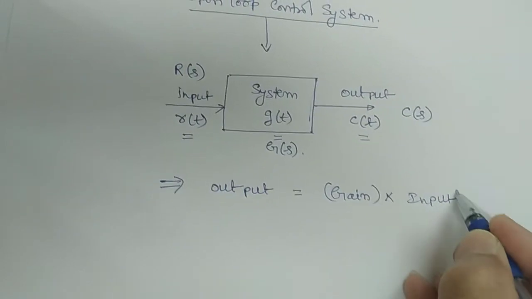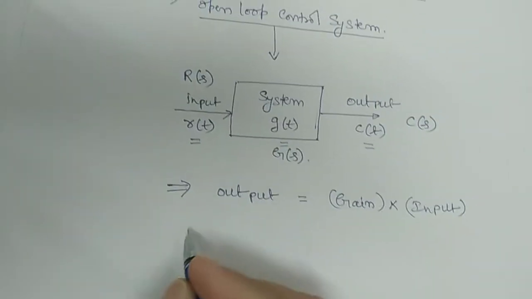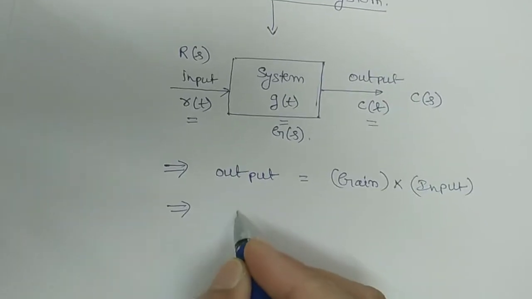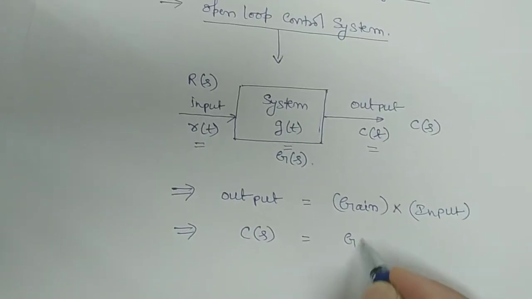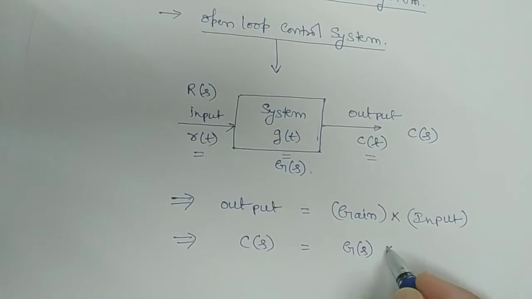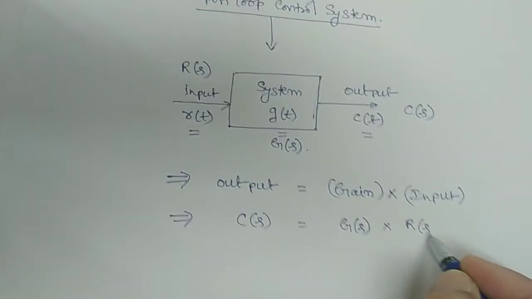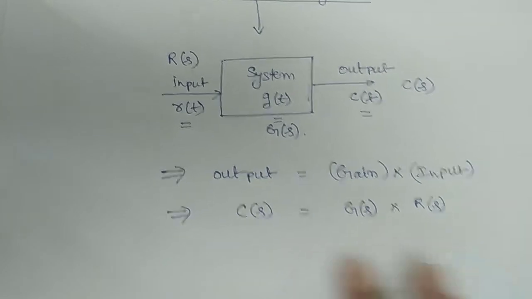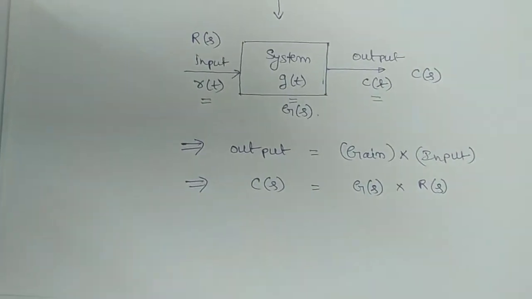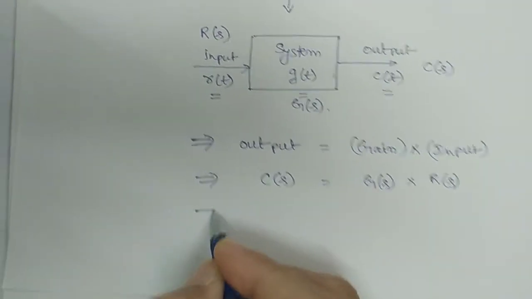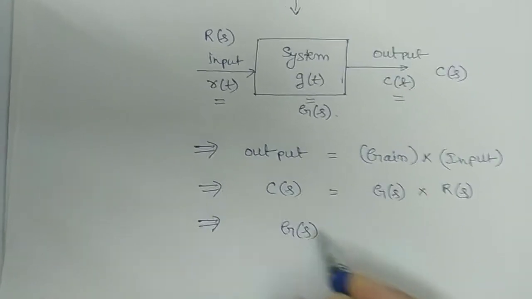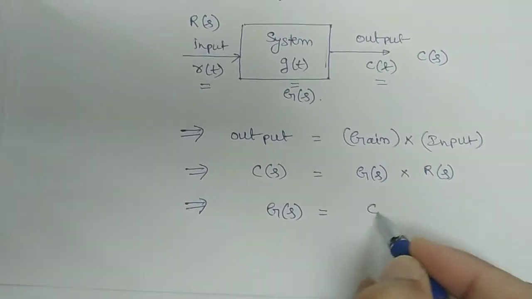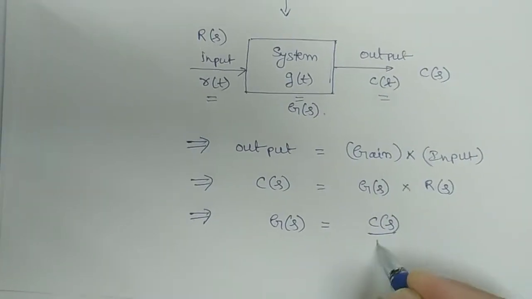Output here is C of s, gain is G of s, input is R of s. So from this you can write G of s is equal to C of s by R of s.